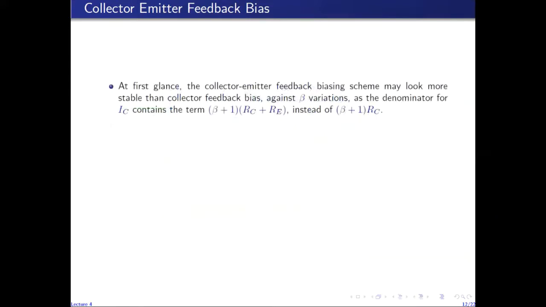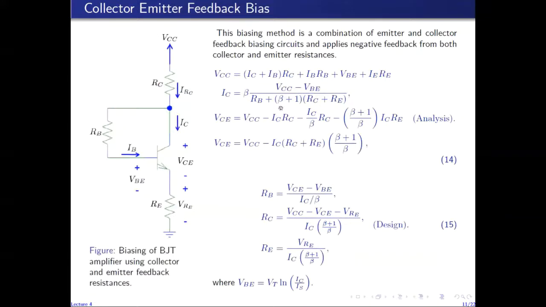So at first sight, the collector emitter feedback bias may appear to be more stable than the collector feedback bias against beta variations, because previously we had in the denominator beta plus 1 RC, but now we have beta plus 1 RC plus RE.